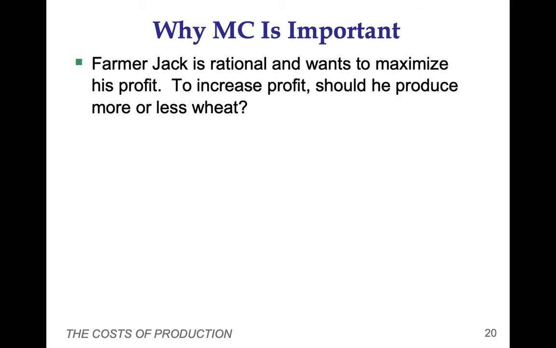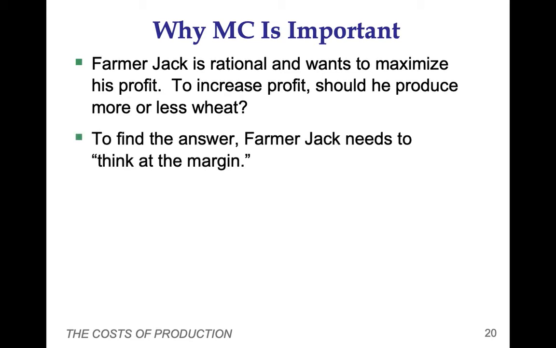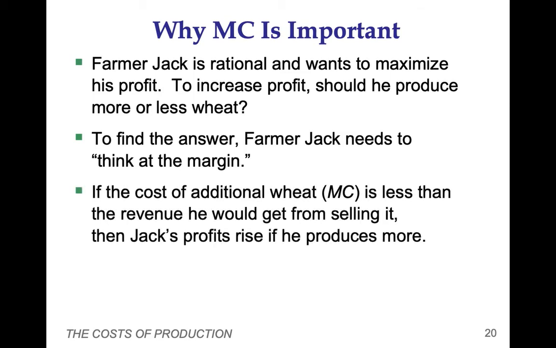The cost of this additional unit of output is actually the marginal cost of that unit. To find the answer, Farmer Jack needs to think at the margin, always think at the margin.